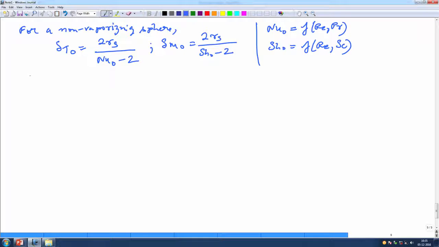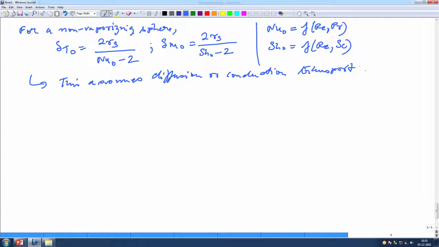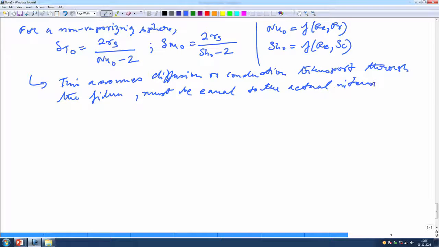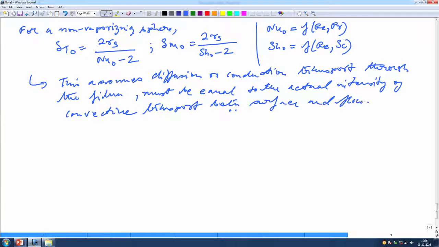So, in other words, if we have to write it, this assumes diffusion or conduction transport through the film must be equal to the actual intensity of the convective transport between the surface and flow. Got it? Okay.